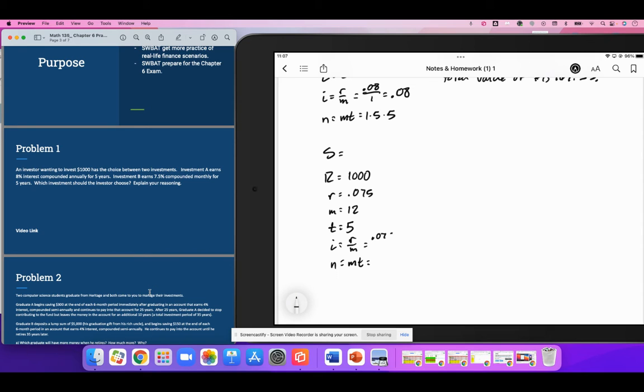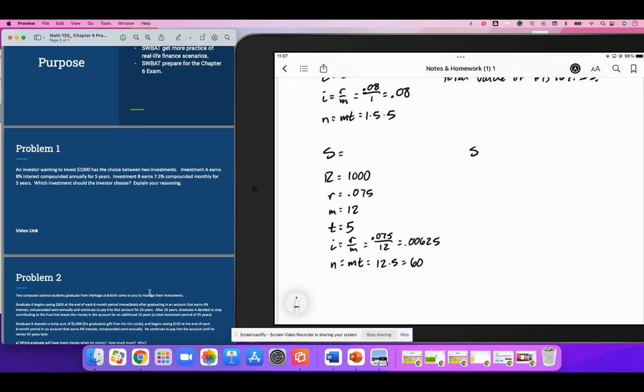So our 0.075 over 12. Let's see what that comes out to in the calculator. 0.00625. And MT is going to be 12 times 5, and that's 60.